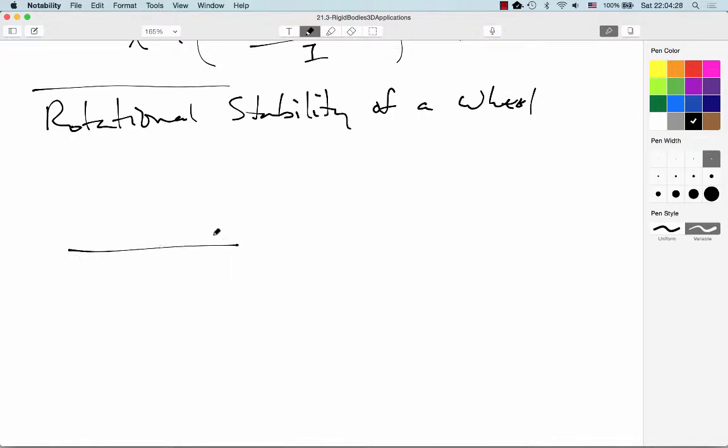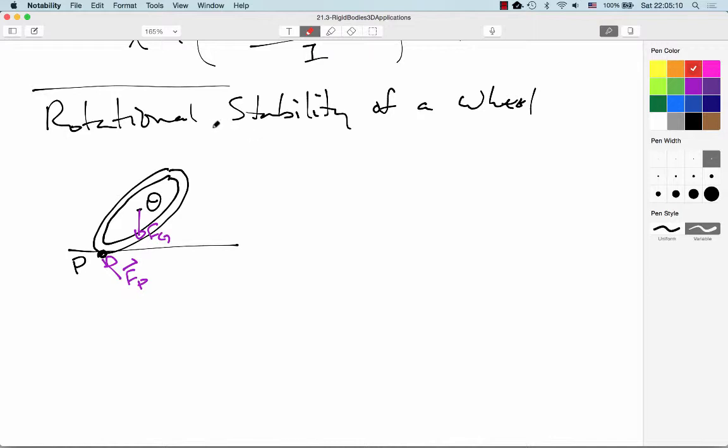So I'm just copying badly the drawing in your text here. This is our point of contact P. Center of mass is O. Gravity will be acting down right there. And we're going to have some sort of reaction force from the ground, which your book calls F_P.